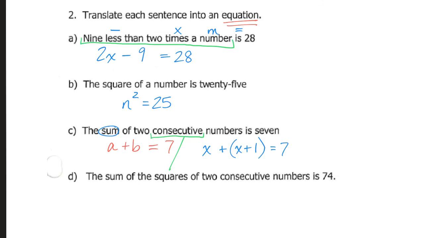I'm hoping, though, that we could also see we could have built a different equation. That we also could have built an equation based on the assumption that maybe y was the bigger number. Well, if y is the bigger of two consecutive numbers, then the other number must have been one smaller.